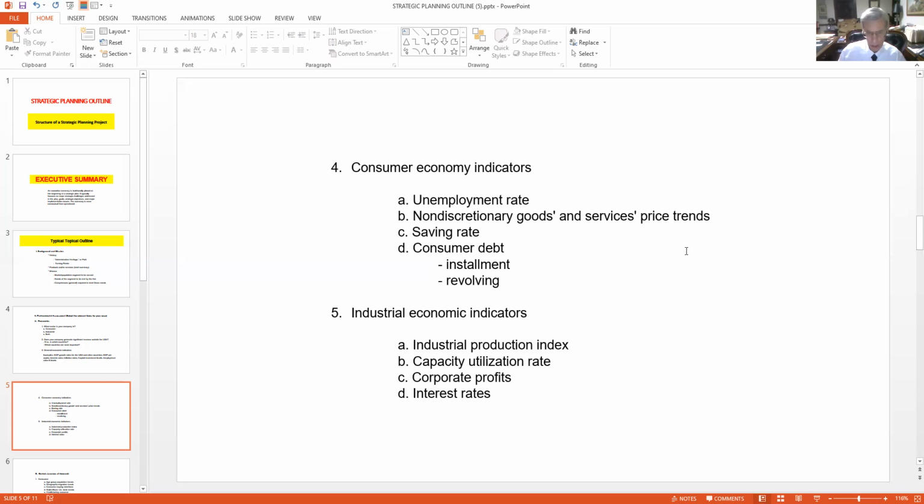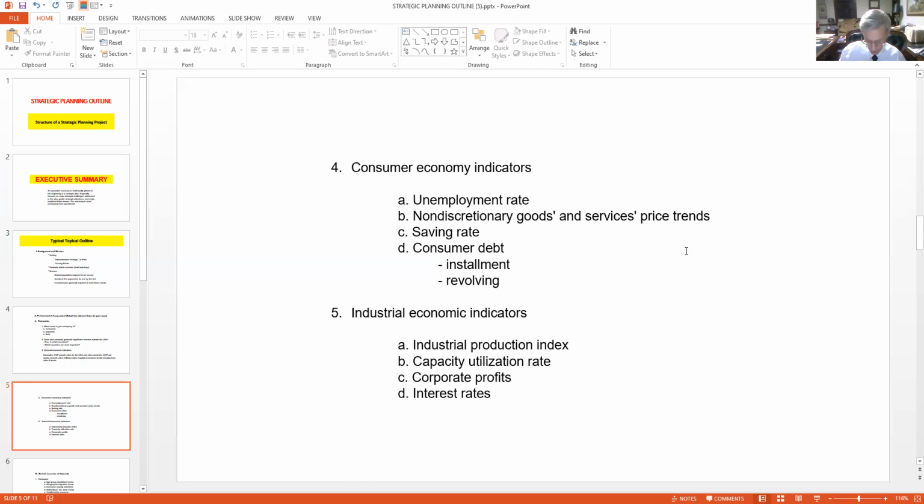So if your company is in an industry that does a lot of capital spending, then longer term interest rates will be a relevant indicator that you will want to collect.